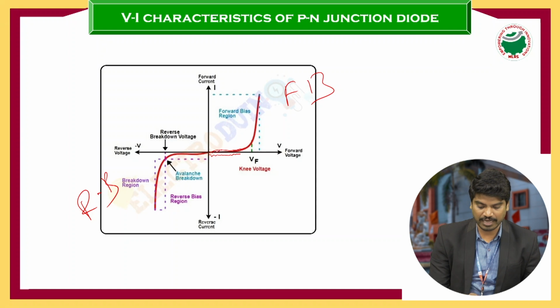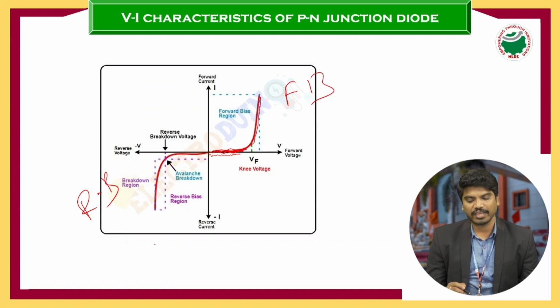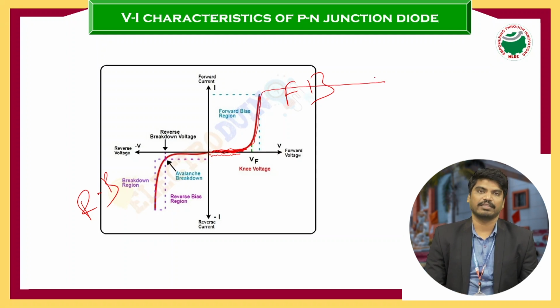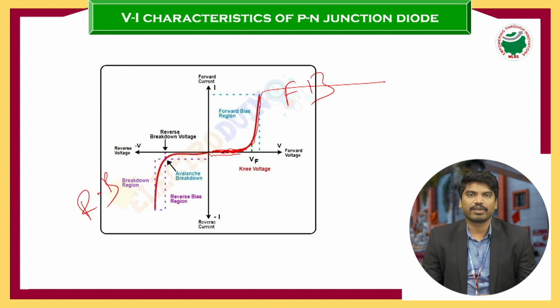We can see clearly that initially the flow of current is 0, but as we increase the voltage, it slowly increases. Then if I increase more and more voltage, it will be saturated like this. Let us take one example.